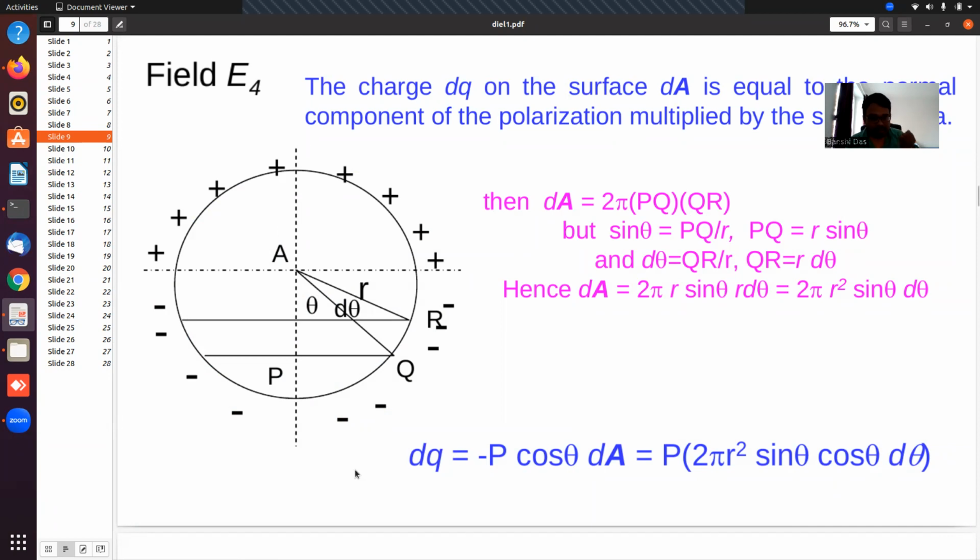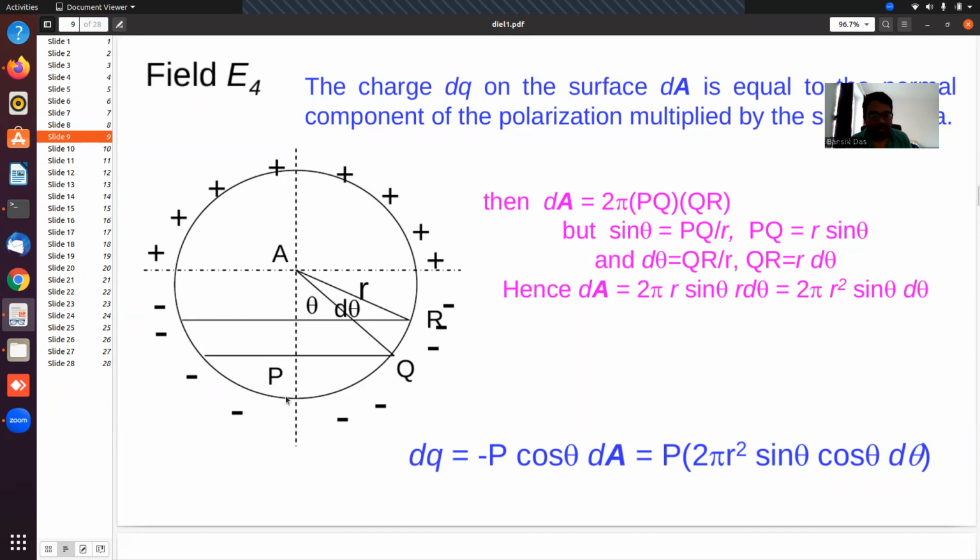this is the polarization, P is the polarization. Polarization means density of dipole. If we know the area along this polarization direction, then dq, the charge, is just P multiplied by the area.